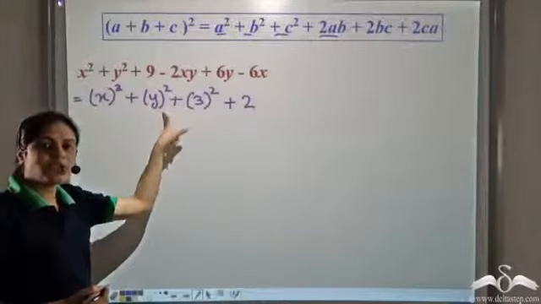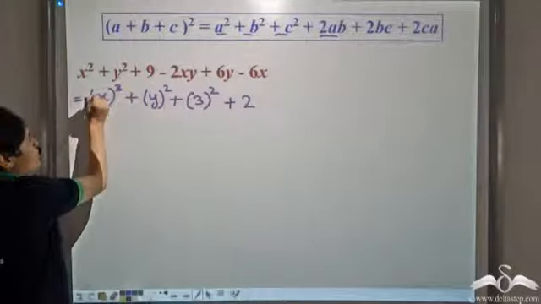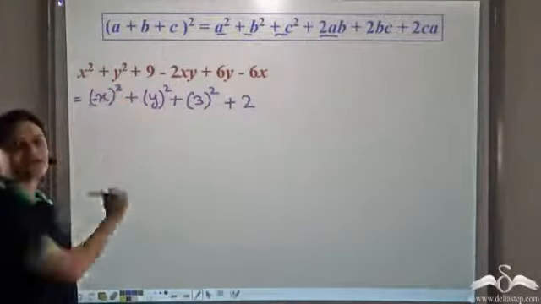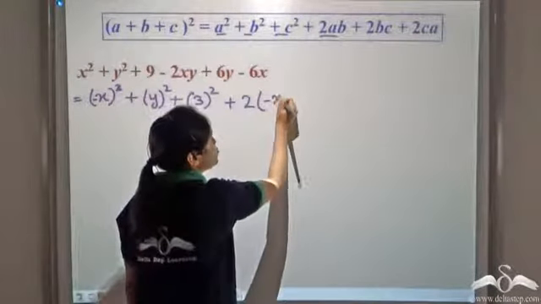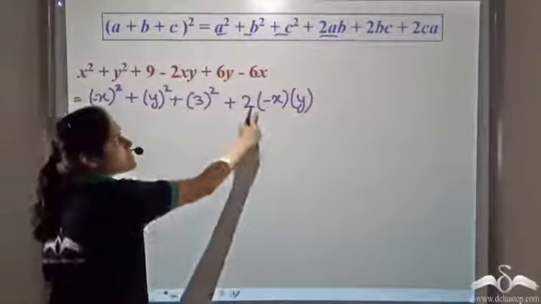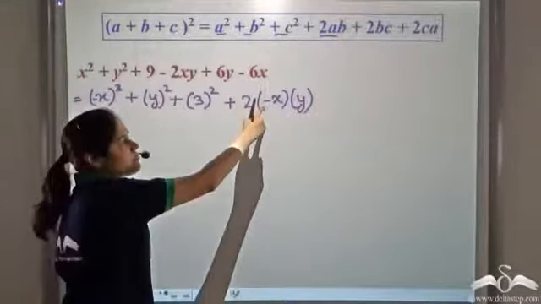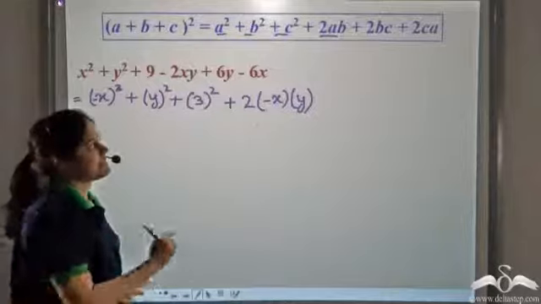Now let us assume that the negative sign is there with x. So we will have a negative x here. Even negative x whole square gives us x square. So let us write it as 2 into negative x into y. This gives us negative 2xy. y has to be positive because we have taken the negative sign with x.